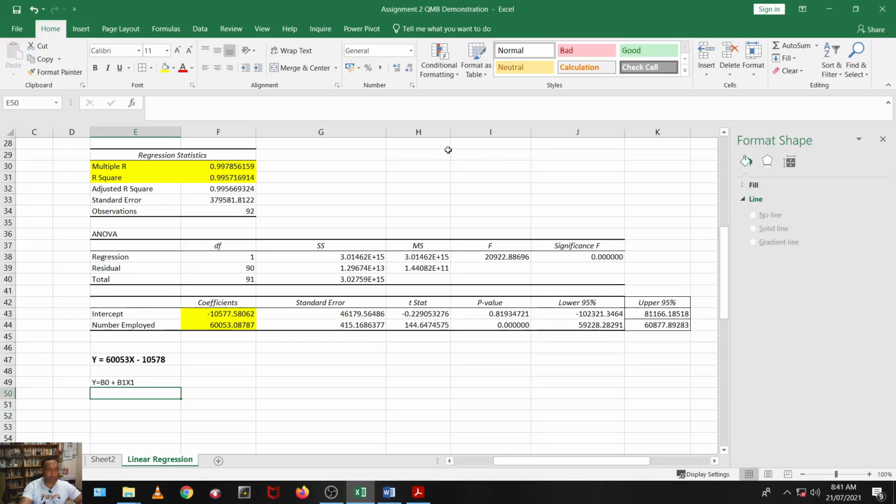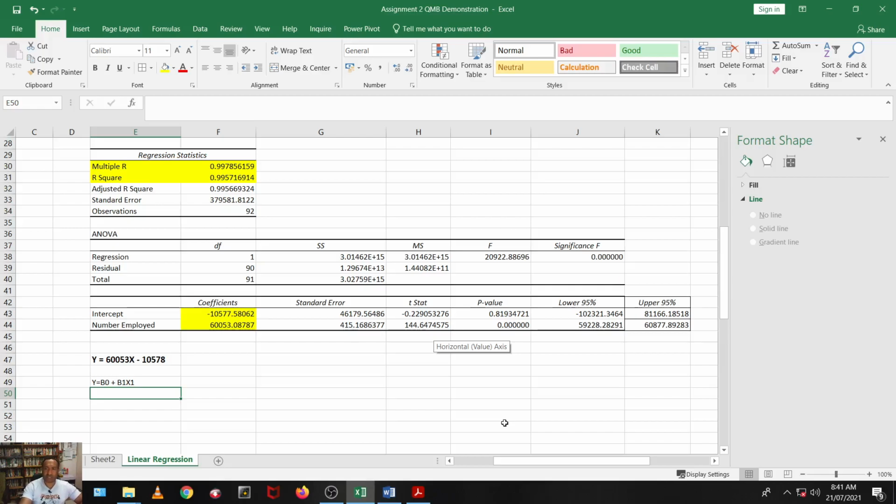So the intercept of minus 10,578 indicates that negative 10,578 kina is the portion of the profits not explained by the number of full-time employees. But we know that negative 10,578 kina does not exist in reality, as no company can do contract work without any employees.